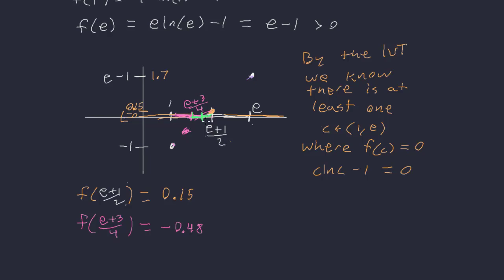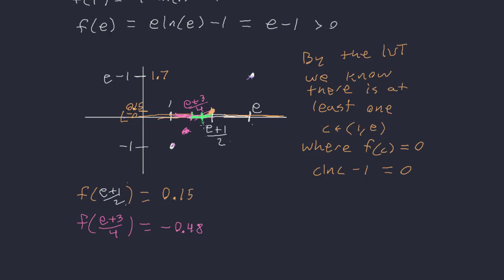So now we know that the 0 is in this interval, and what people used to do is just get closer and closer to what that solution would be, and then eventually get as close as they want. This is sort of like you cut the interval in half and see what you get.